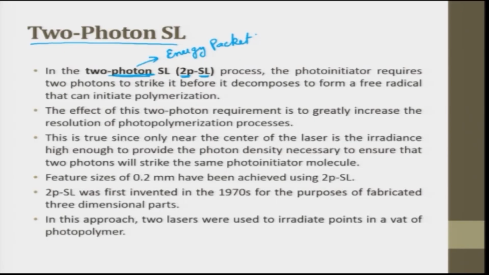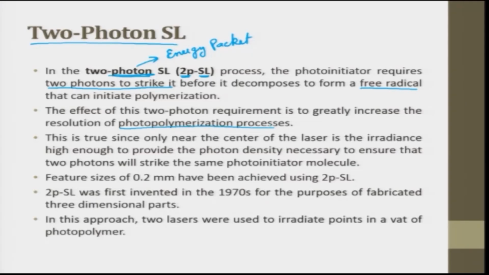The photo initiator requires 2 photons to strike it before it decomposes to form a free radical that can initiate polymerization. So 2 photons must strike it. The effect of this 2-photon requirement is to greatly increase the resolution of the photopolymerization process.